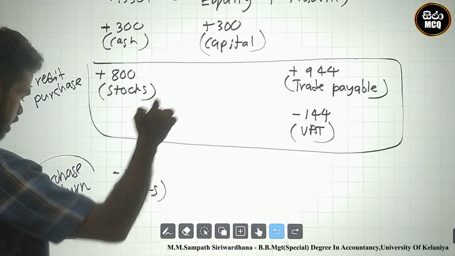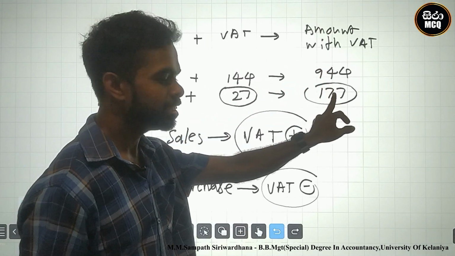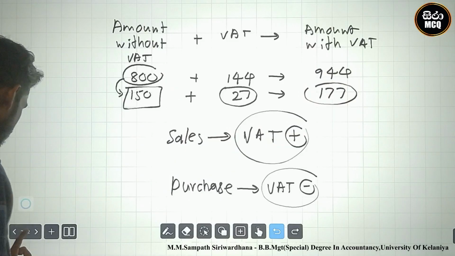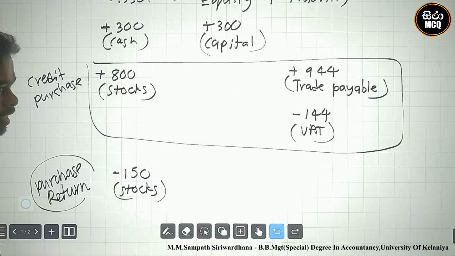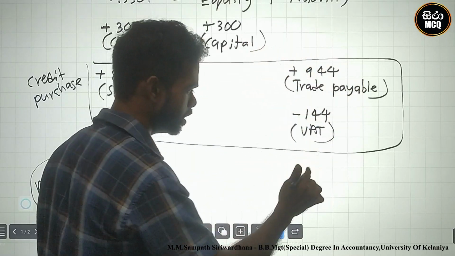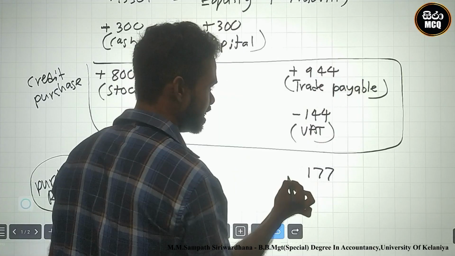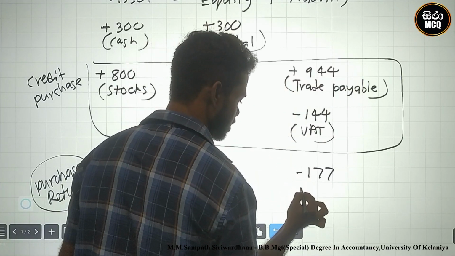After that, 944 is related to 177. 944 is related to trade payable, and 177 is related to this. Therefore, this is the plus, this is the minus. Trade payable.